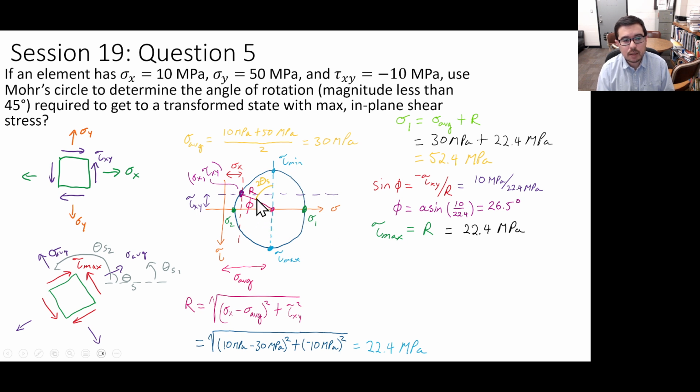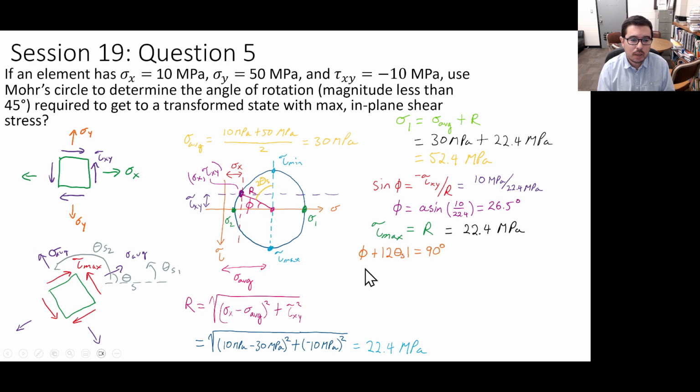What is the angle of rotation? Well, it's going to be dependent on phi. We've calculated phi previously, so we know that phi plus the magnitude of 2 theta s has got to be equal to 90 degrees.